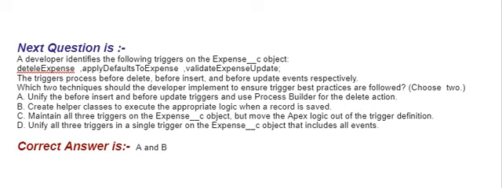Option A, unify the before insert and before update triggers and use Process Builder for the delete action. Option B, create helper classes to execute the appropriate logic when a record is saved. Option C, maintain all three triggers on the Expense__c object but move the Apex logic out of the trigger definition. Option D, unify all three triggers in a single trigger on the Expense__c object that includes all events. Correct answer is option A and B.